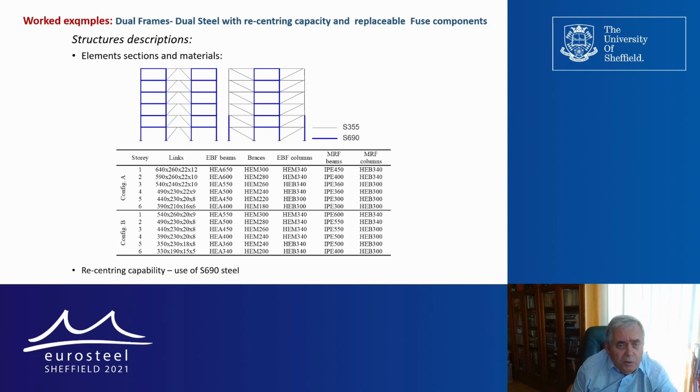In blue, you have the high strength steel, which in this case is 690. In gray is 355, which are the ductile components. Of course, the 690 steel grade was particularly used in order to get enough capacity for recentering.